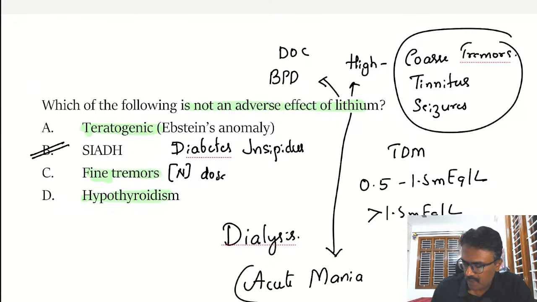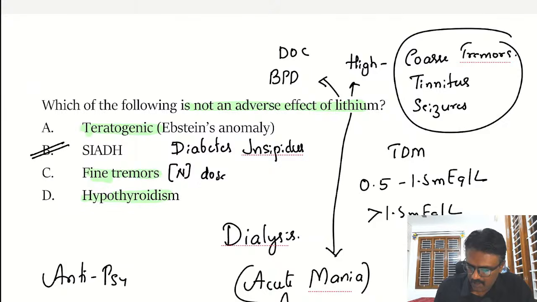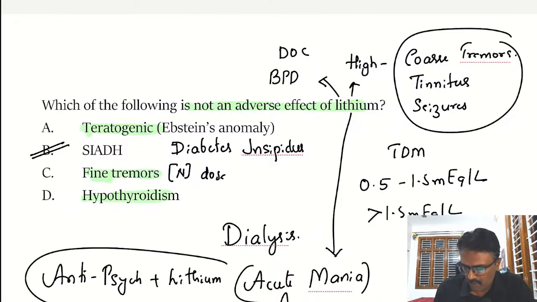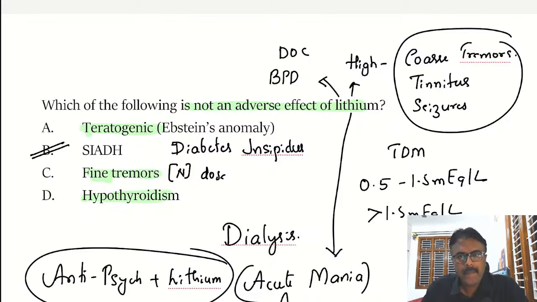So for acute mania, we use antipsychotics. Let me write here: for acute mania, we use antipsychotic plus lithium. Both are given to manage acute mania. But for bipolar disorder prophylaxis, you can give lithium. So lithium is again a favorite from a psychiatric point of view.